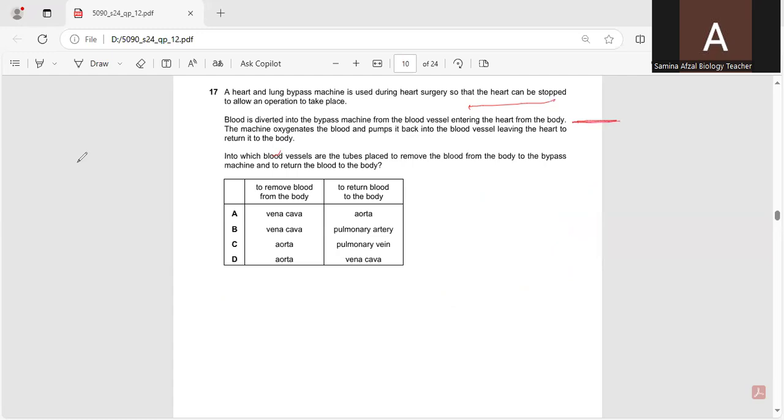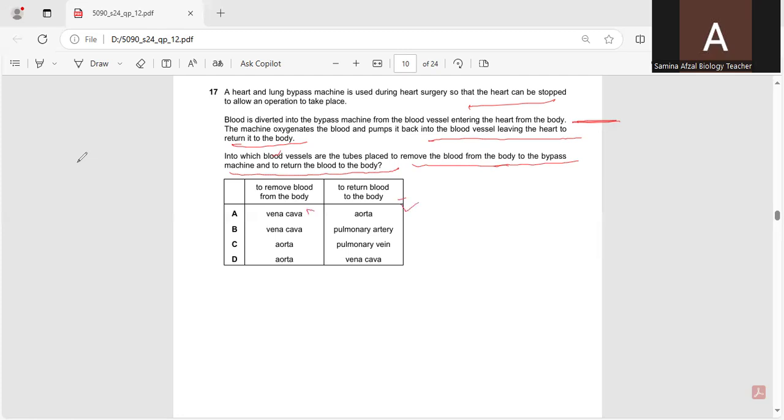The machine oxygenates the blood and pumps it back into the blood vessel leaving the heart to return it to the body. So into which blood vessels are the tubes placed to remove the blood from the body to the bypass machine and to return the blood to the body? To remove blood from the body, vena cava. To return to the body, the aorta.